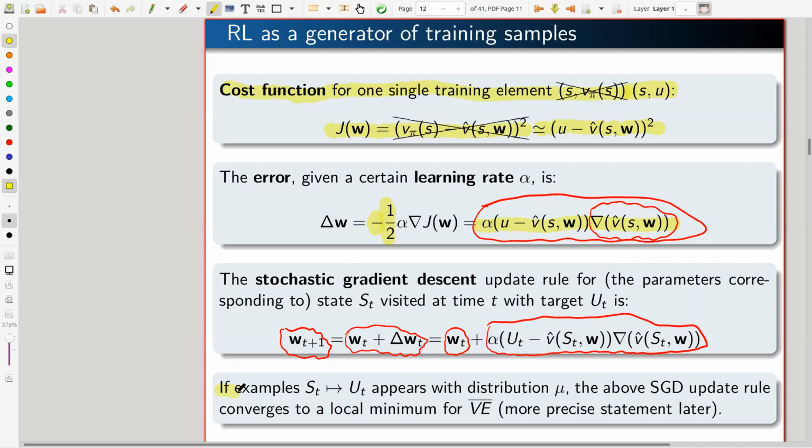It's a theorem actually, but you can imagine that if these examples appear with distribution mu, if these examples are taken with respect to the distribution for which you are computing the expected value as a loss, then this stochastic update rule will just give you a minimum of this function, just like the gradient descent will give you a minimum of the function. Okay, this statement is not precise because we need the usual stochastic approximation theory assumptions, but this is just to tell you that it works. Okay, questions?